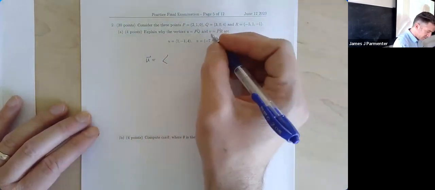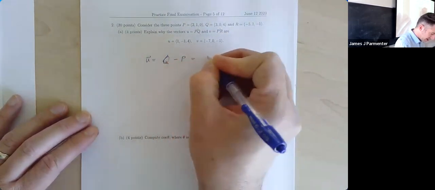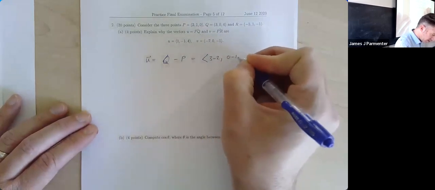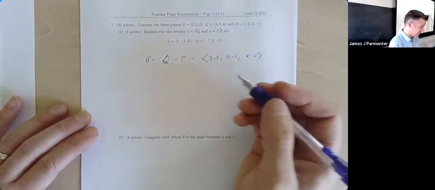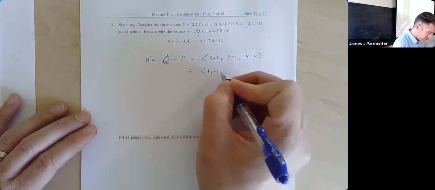So if I was asked to explain this, I would literally write the following. I would say it's Q minus P, and then say that's going to be 3 minus 2, comma 0 minus 1, comma 4 minus 0. But I do think you want to show this work if he's asking you to explain why these vectors are what they are. That's 1, -1, 4.